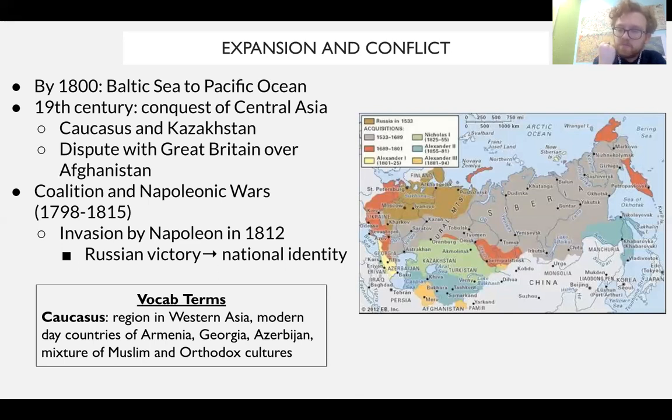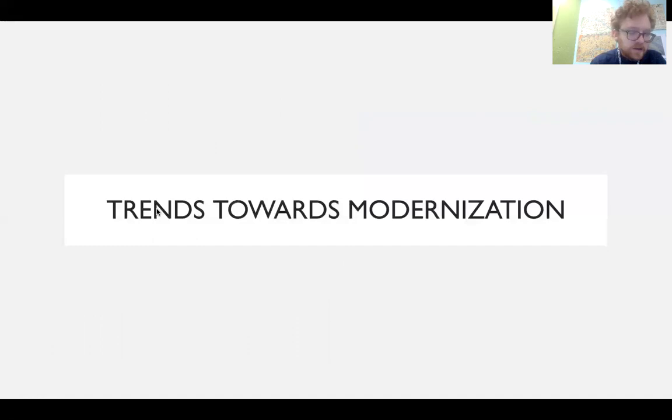The idea of a broad definition of what it means to be a Russian emerges as a result of its victory against Napoleon. And I mentioned that Napoleon's invasion will help lead to modernization, and we'll see that in a second.